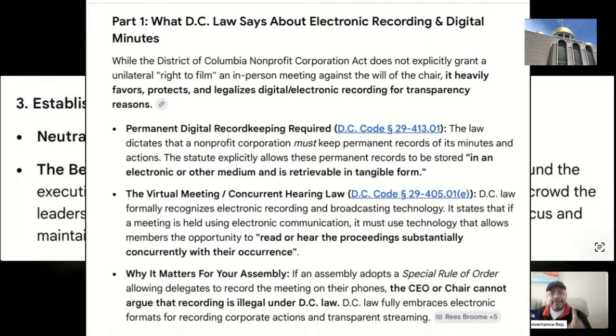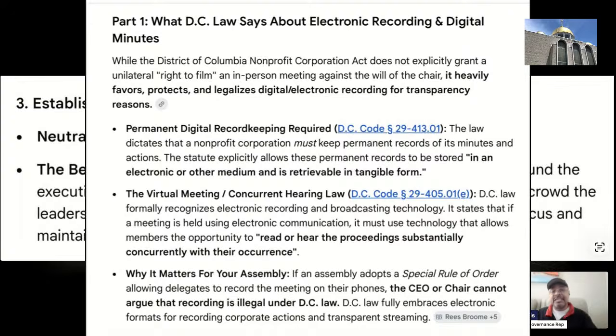Again, look at the first bullet point. It establishes a permanent digital record keeping. A permanent digital record is kept, and it's required. The law dictates that a nonprofit corporation must keep permanent records of its minutes and actions.